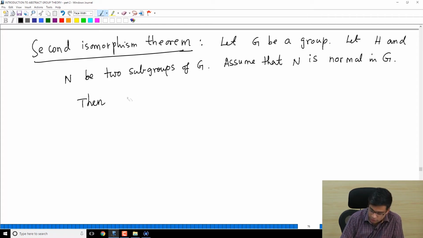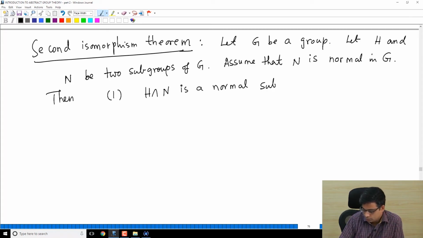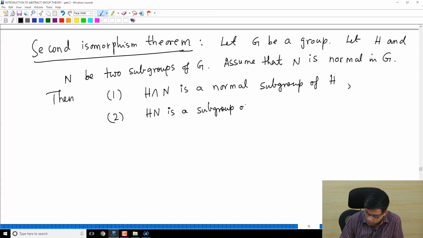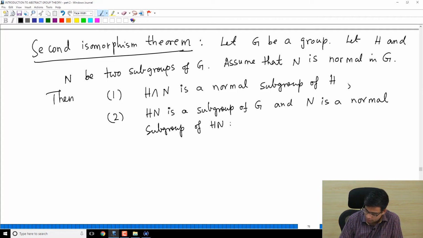It says several things, so maybe I should write them as separate statements. One: H intersection N is a normal subgroup of H. Two: the product set HN is a subgroup of G, and N is a normal subgroup of HN.